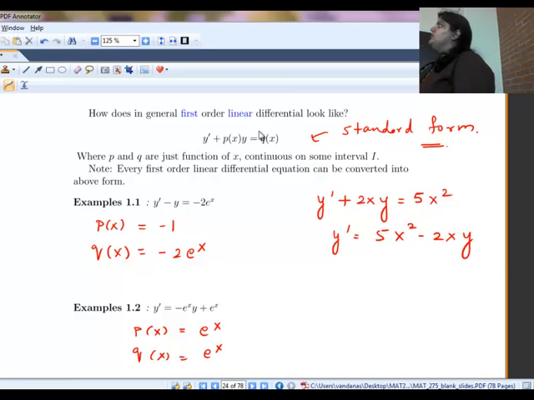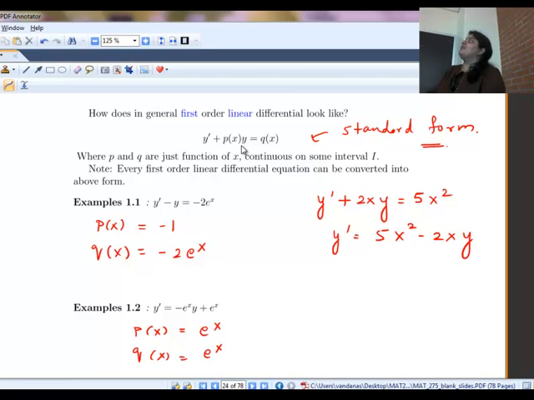Now the goal is to solve this differential equation. The first natural thing you will ask yourself, okay, suppose somebody gives you a problem to solve. How will you proceed? This is a different kind of mathematical lesson that I'm trying to put here. Given a problem, what do you try to do with that?